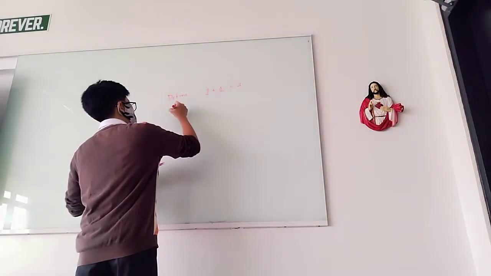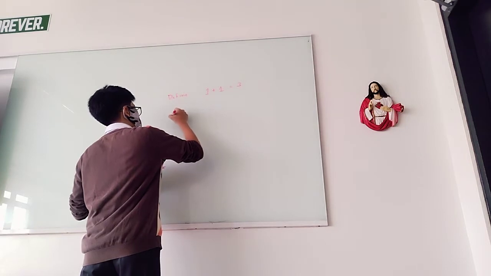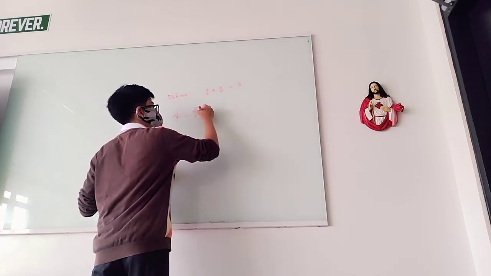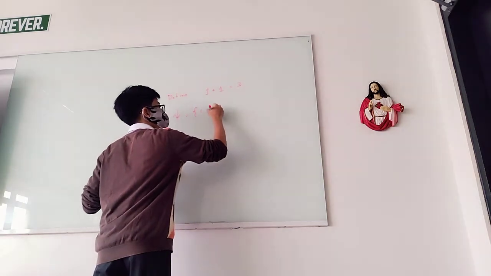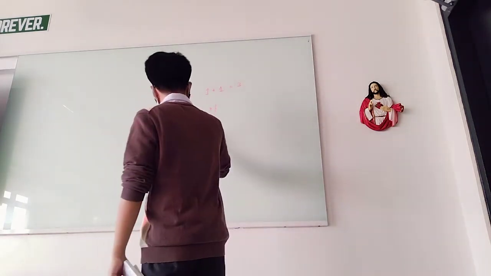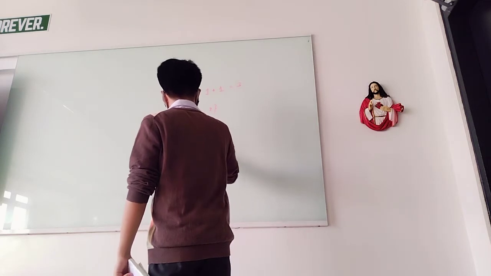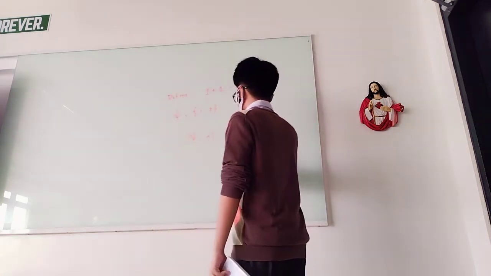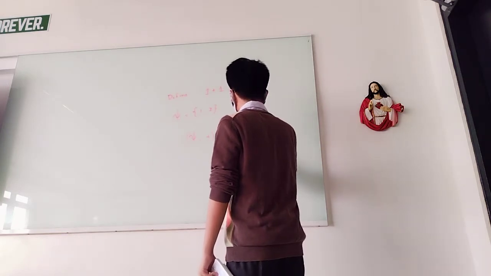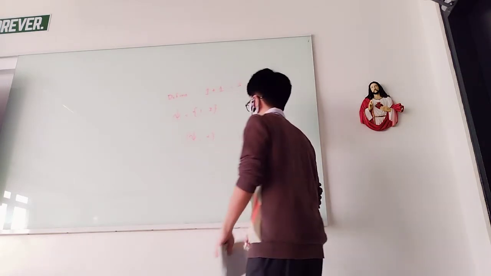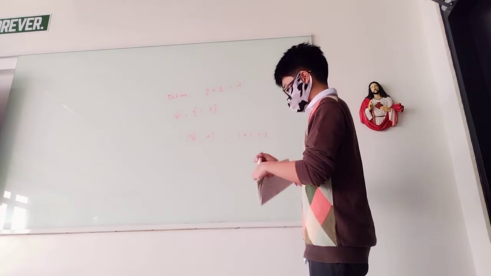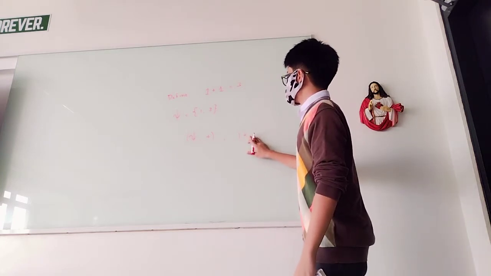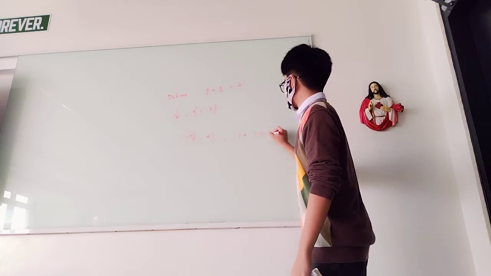So I can make a set, say, psi, which is composed of 1 and 3. And then I'll equip that psi with an addition operation, such that 1 plus 1 equals 3.